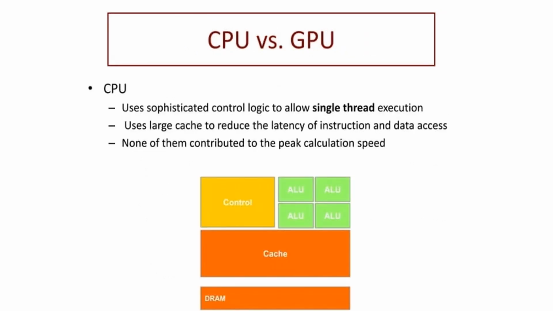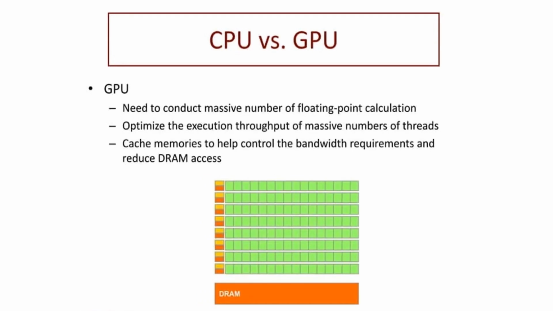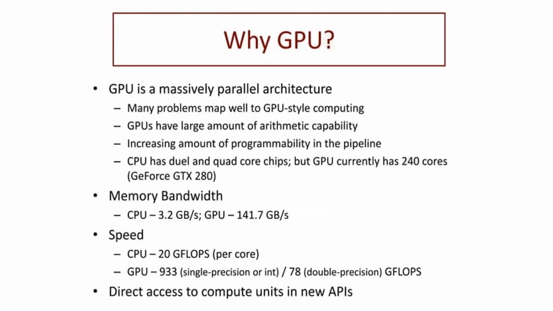CPU versus GPU, we already know this somewhat. Why GPU? A GPU is a massively parallel architecture. Many problems map well to GPU style computing. GPUs have a large amount of arithmetic capability, with an increasing amount of programmability in the pipeline.